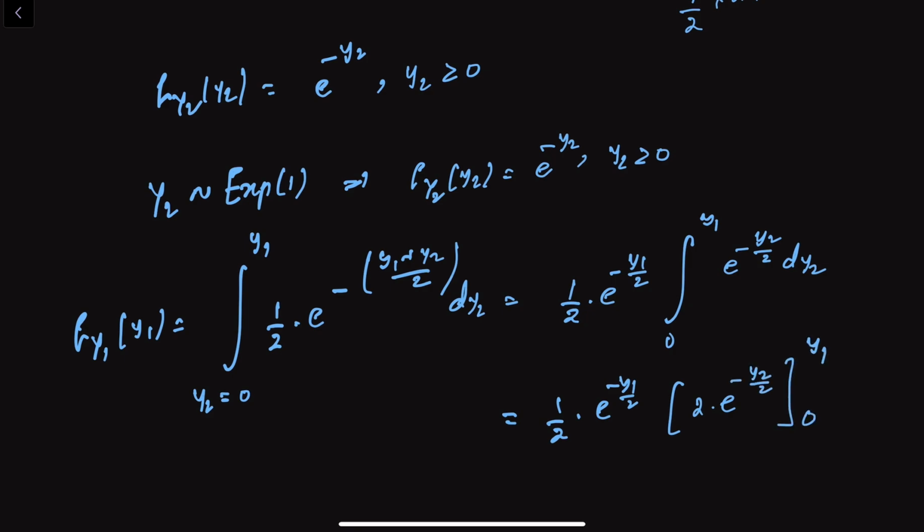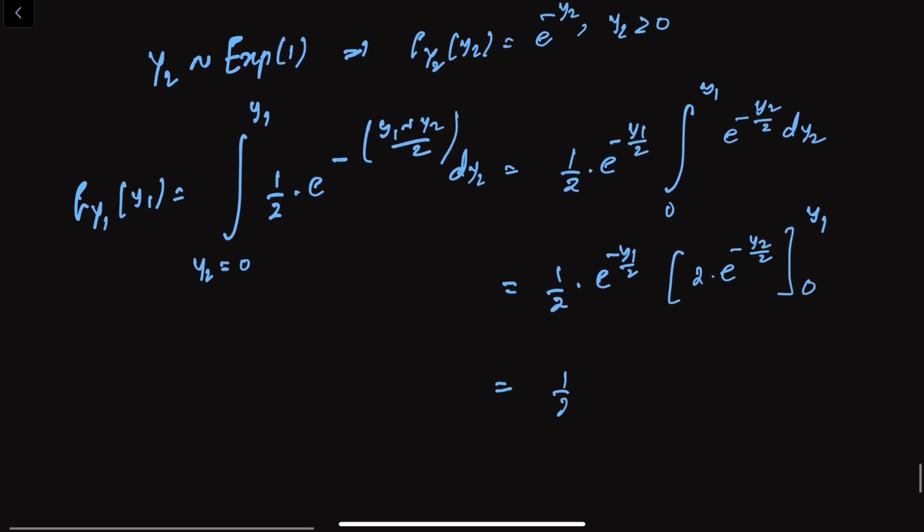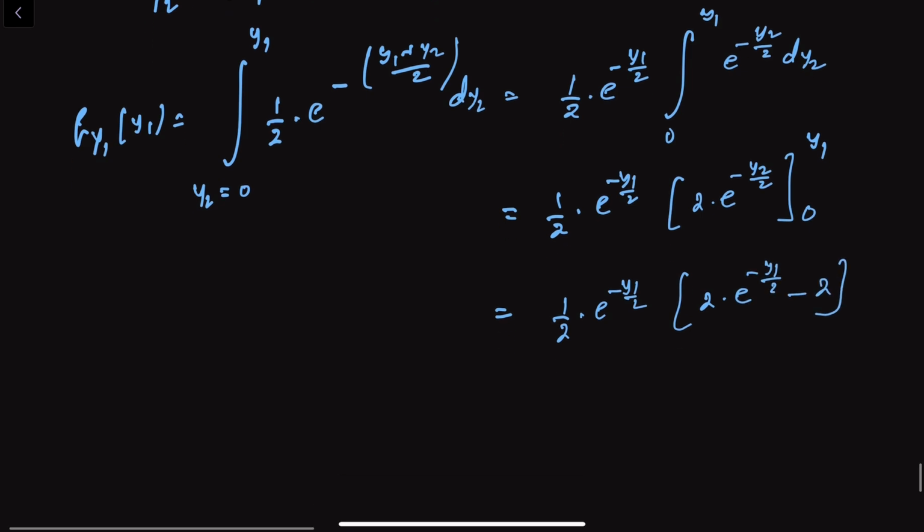This time it is going from 0 to y1. So which is nothing but half times e to the power minus y1 by 2 into 2 times e to the power minus y1 by 2 minus 2.